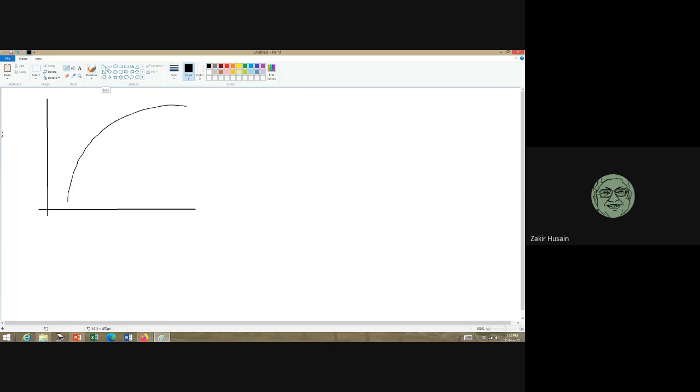Right. Now let us take a function which is curved like this. So this is x1, this is x2, this is x bar.